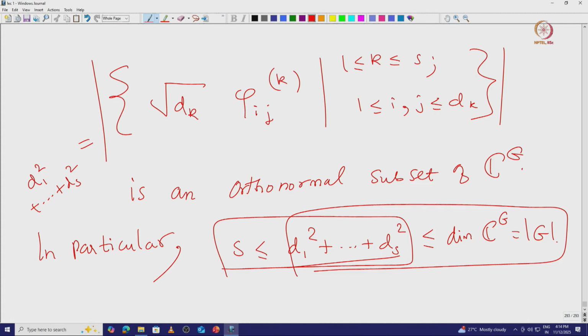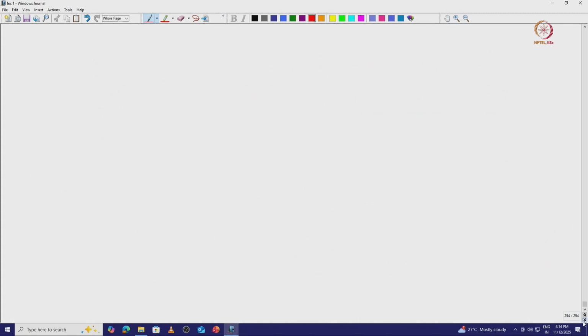So, this theorem is indeed an immediate corollary of Schur's orthogonality relations.